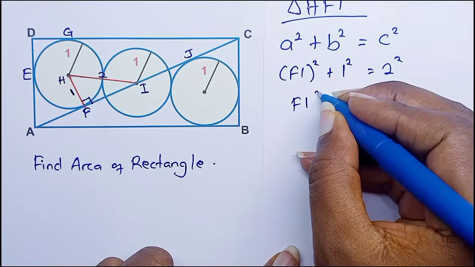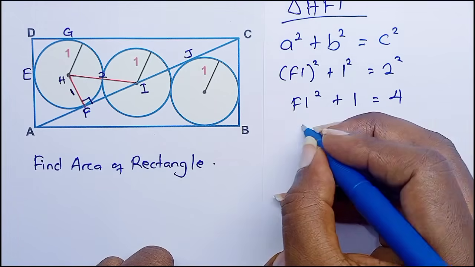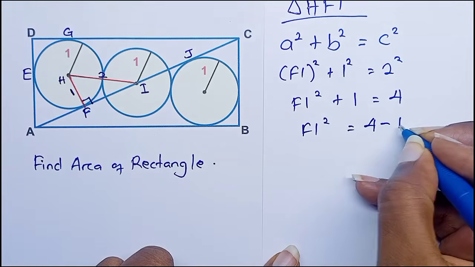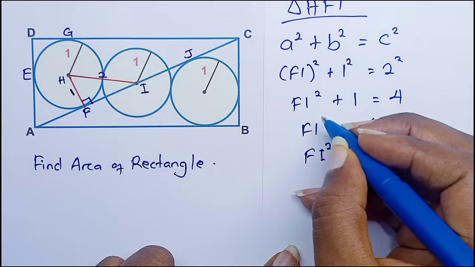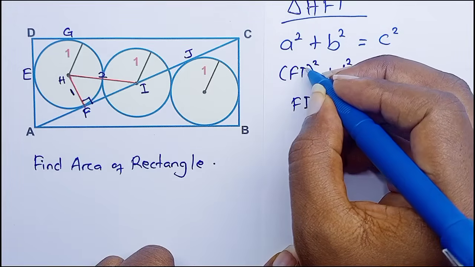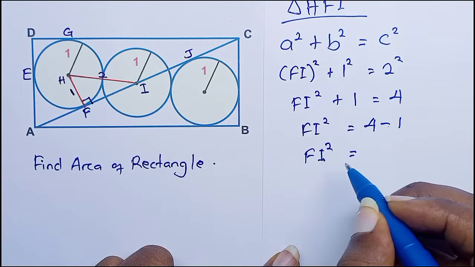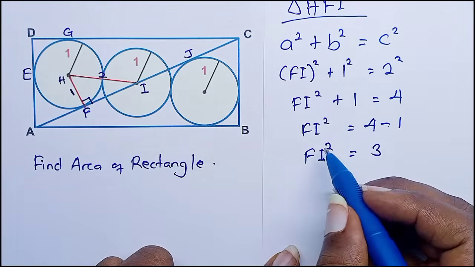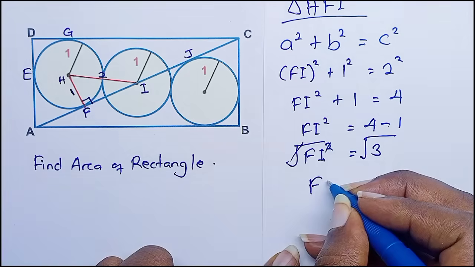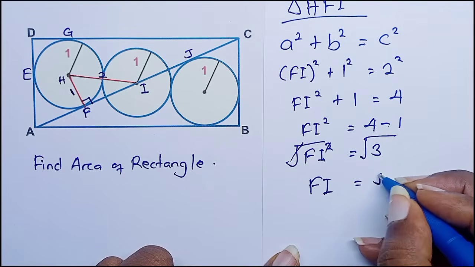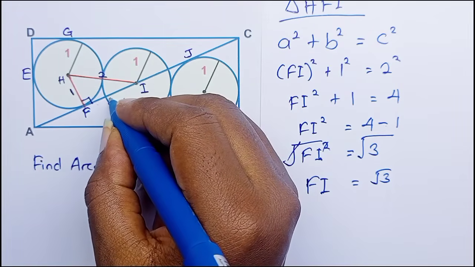So FI squared plus 1 is equal to 4. Take 1 to the other side, we shall have FI squared being equal to 4 minus 1. And so FI squared is equal to 3. To get rid of the square, we find the square root on both sides. And so our value of FI is root 3. Therefore, from here to here is root 3.